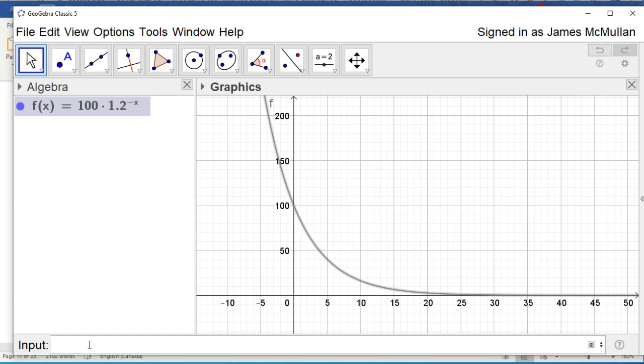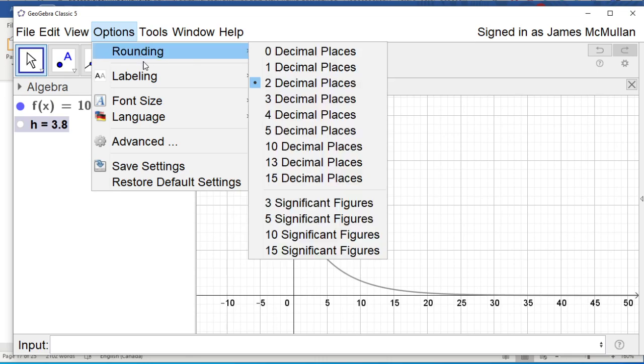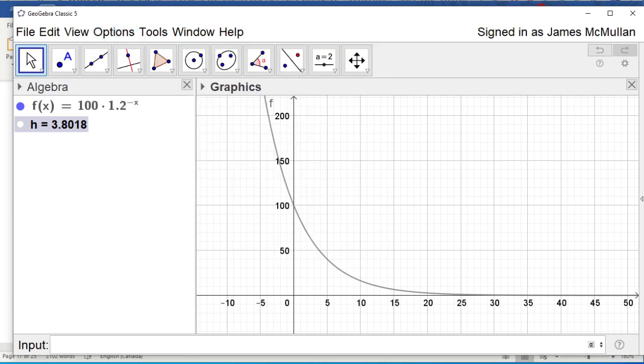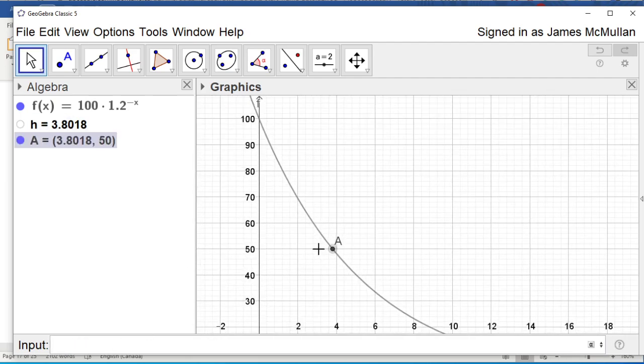We said that the half-life occurs, so let's call it little h, at the negative of ln 0.5 divided by ln 1.2. And what I'm getting there is the number 3.8018.